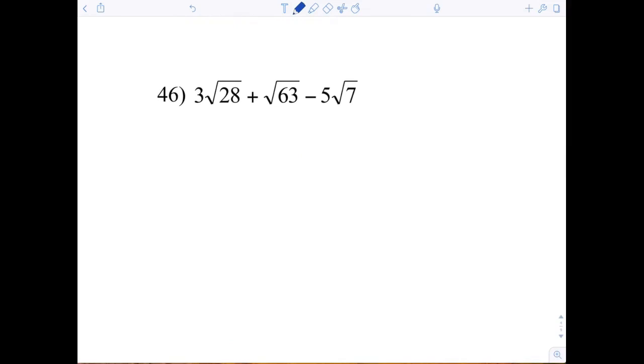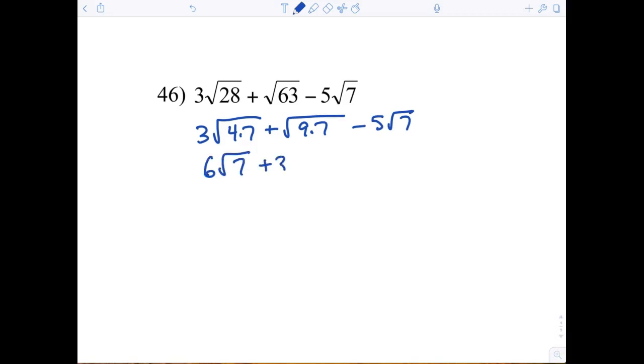Okay, 38 or 46. 3, 4 times 7. 63 is what? 9 times 7. So now that becomes 6 radical 7 plus 3 radical 7 minus 5 radical 7.